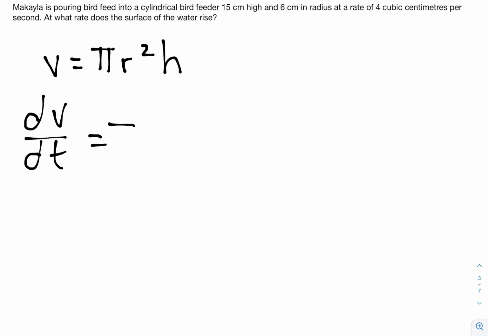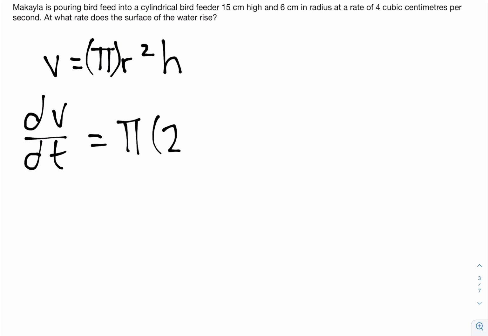So remember, we can factor out a pi. I'm not going to write all this out. We can imagine this pi is in brackets. This is our constant, multiplying it to r squared h. So if we take the derivative of r squared h, we're going to get pi on the outside, and it's going to be the derivative of r squared with respect to time.